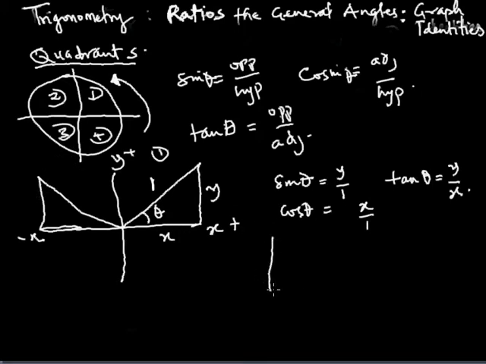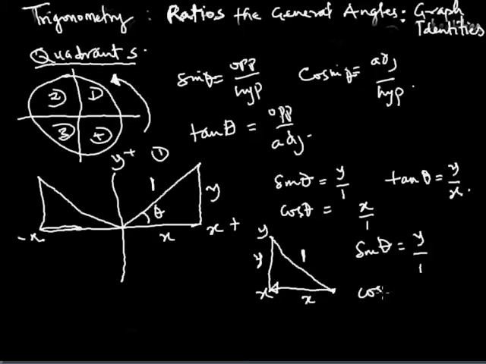Since this is still 1, moving in an anti-clockwise direction, we have sine theta equal to y over 1, and cos theta is now minus x over 1.